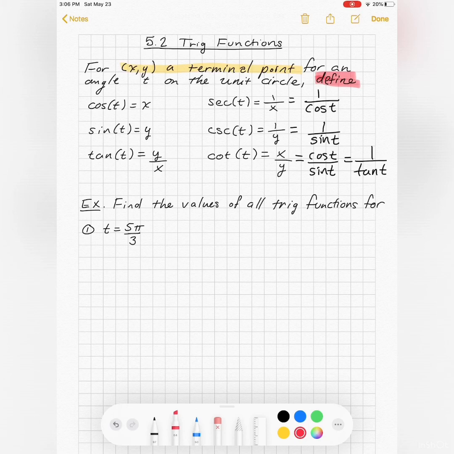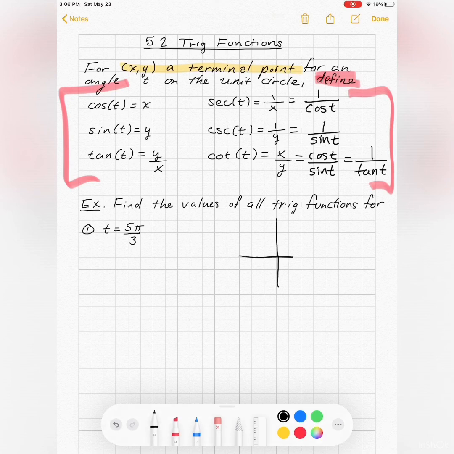So here we go. For t equals 5 pi over 3, find the values of all the trig functions we defined here. I'd probably do a really rough sketch. Counting in thirds, 1/3, 2/3, 3/3, 4/3, 5/3.